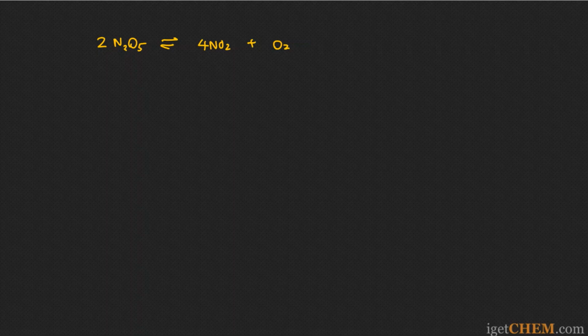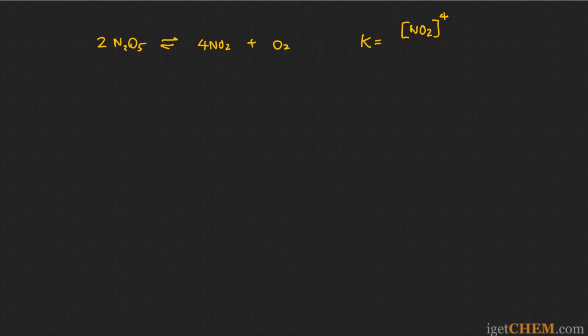So what we can first do is to write down the equilibrium expression. The equilibrium constant K is equal to the product concentrations, so NO2, to the exponents given by their stoichiometric coefficients.